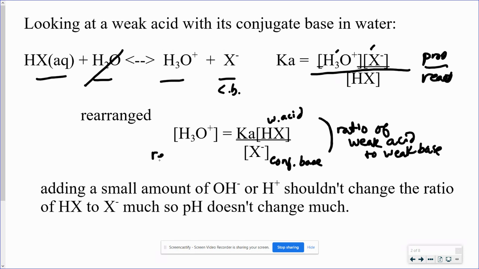So this should be relatively a constant amount of H3O plus, which means the pH won't change much. But if you add a lot of acid or base to this, then it won't work. So buffers can only take small amounts of acid or base added to keep a constant pH.